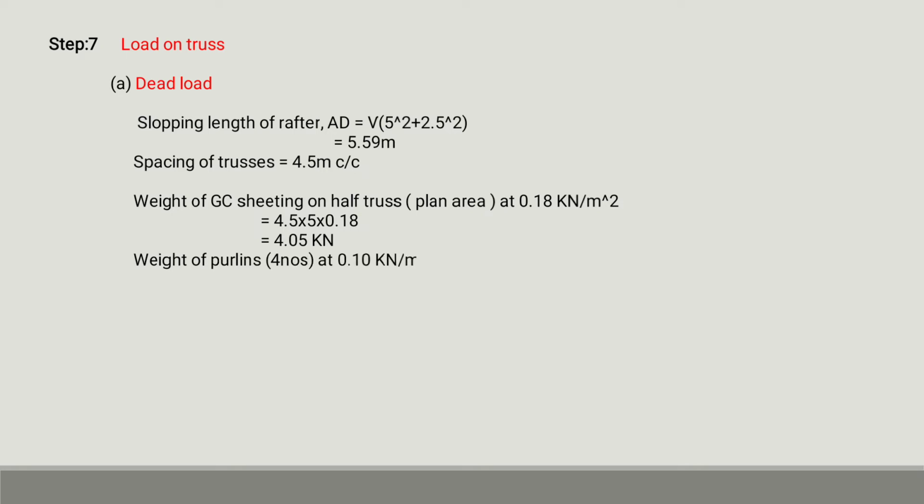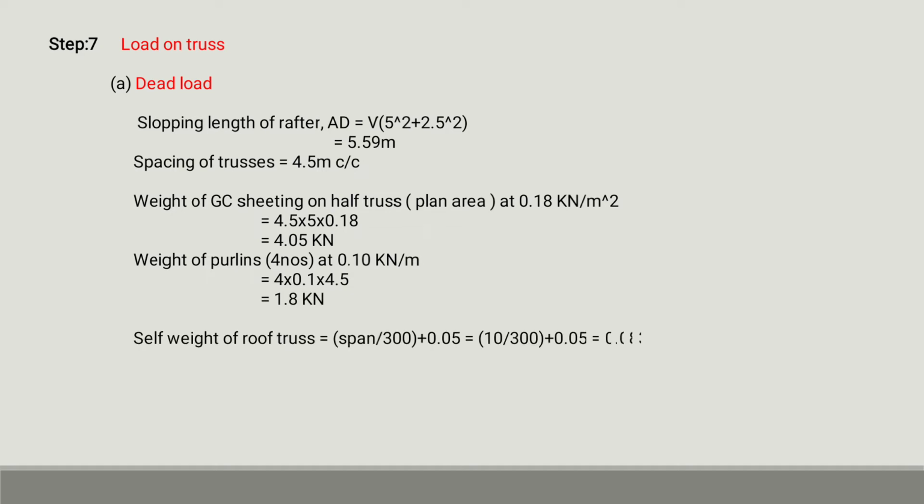Then weight of the purlins, 4 numbers at 0.10 kilonewton per meter. So 4 into 0.1, or sometimes 5 numbers, 5 into 0.1 into 4.5, so 1.8 kilonewton. Self weight of roof truss is equal to span by 300 plus 0.05 is the formula. Span is equal to 10 meter, so 10 by 300 plus 0.05 is equal to 0.083 kilonewton per meter square.